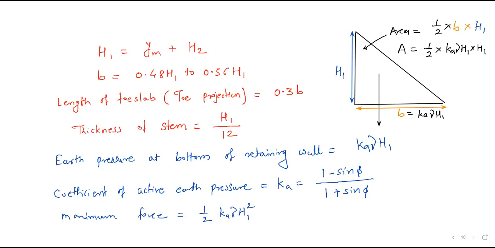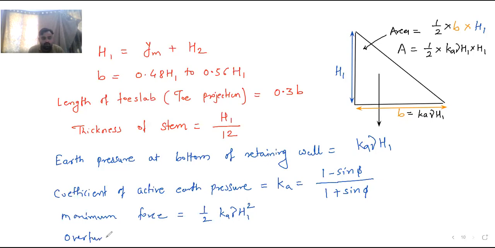Okay, so now this is the maximum force. And if I want to calculate the overturning moment, then how should I calculate it? Now see, this is the earth pressure which is written. Now this is the force.